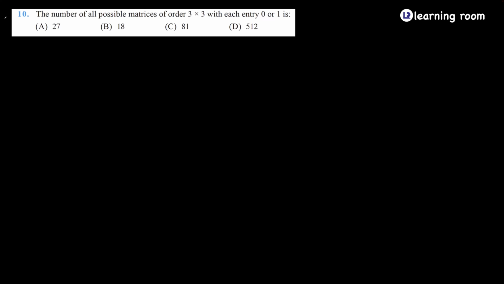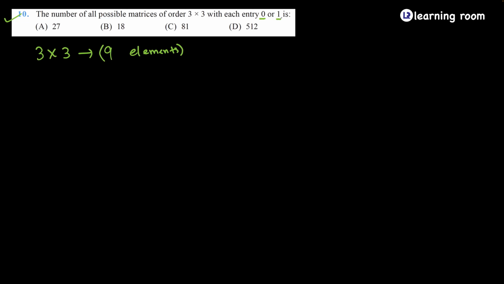So the 10th one is the total number of all possible matrices of order 3 cross 3. So when I say 3 cross 3, how many elements are there? It has 9 elements. But what they are saying is, among the 9 elements, you are supposed to use the data of only 0 or 1. Right? You have two numbers in your hand.